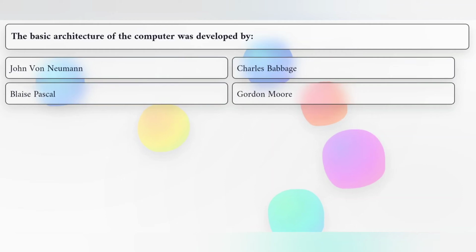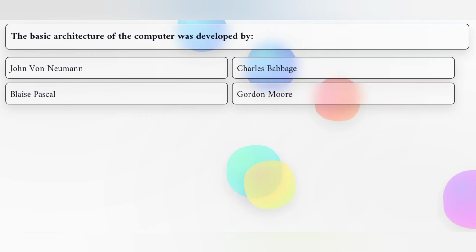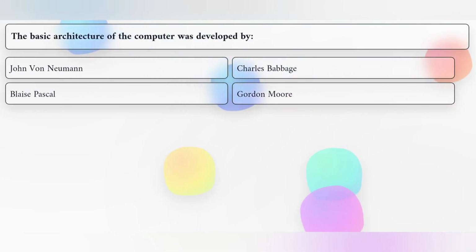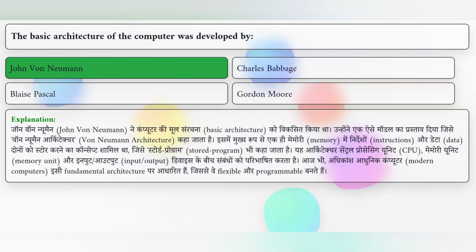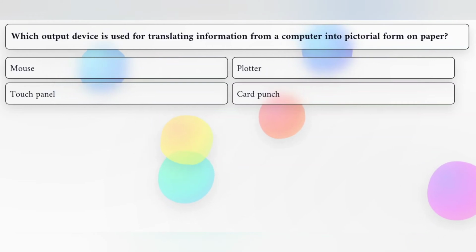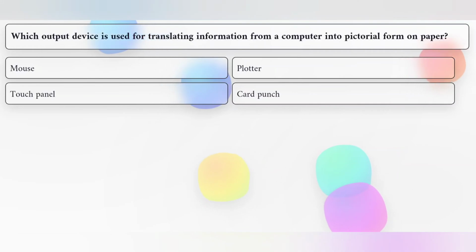The basic architecture of the computer was developed by John von Neumann, Charles Babbage, Blaise Pascal, Gordon Moore. Which output device is used for translating information from a computer into pictorial form on paper? Mouse, plotter, touch panel, card punch.